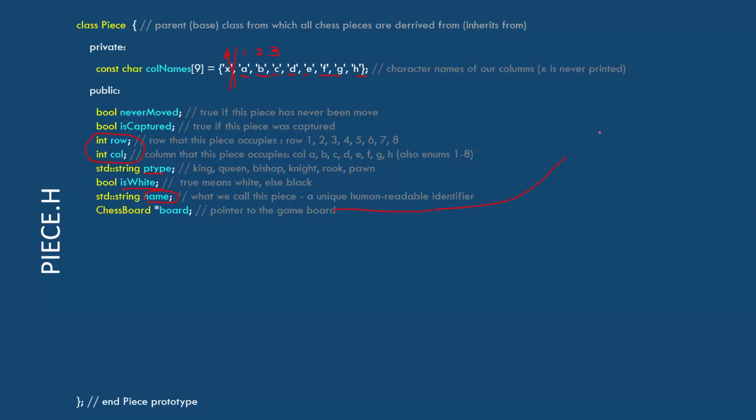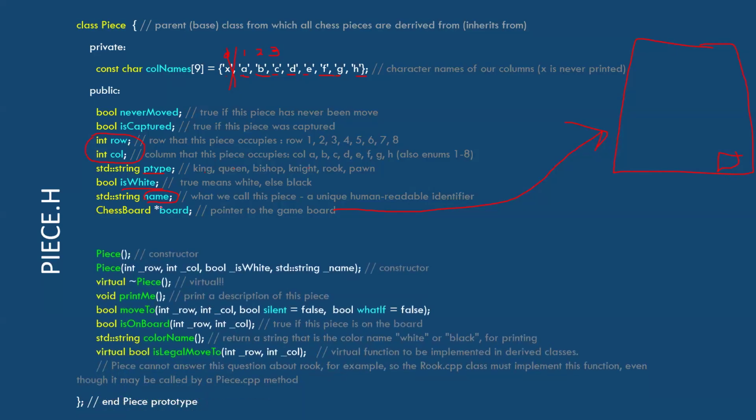This is a pointer back to the chessboard instance. There's only one chessboard in the entire game. So if your piece needs to know whether there's somebody in the corner over here, it needs to use the pointer. So board, arrow, something to get back to our chessboard. Okay, so keep that in mind. You'll see some of that coming up here in just a second.